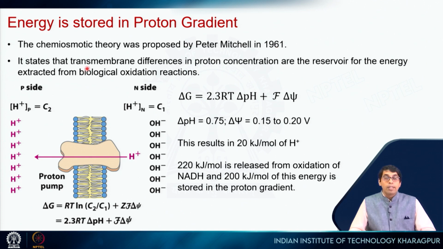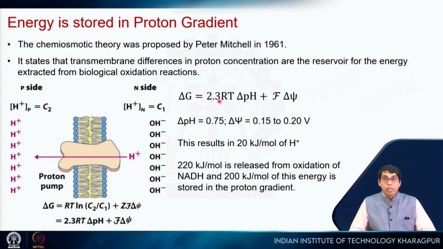It states that the transmembrane differences in proton concentration are the reservoir for the energy extracted from biological oxidation reactions. So the energy extracted from the oxidation of glucose is now stored as this transmembrane difference in proton concentration, and we can calculate that using this equation.